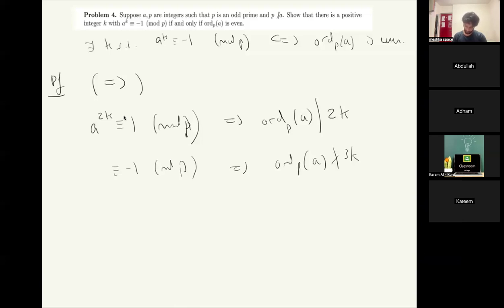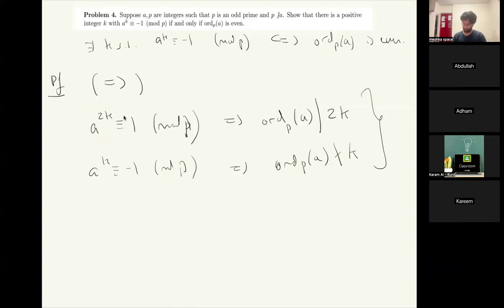So this is the key thing. Let's take a to the k. By our properties, the order does not divide k. These are the two things we get from the properties of order.